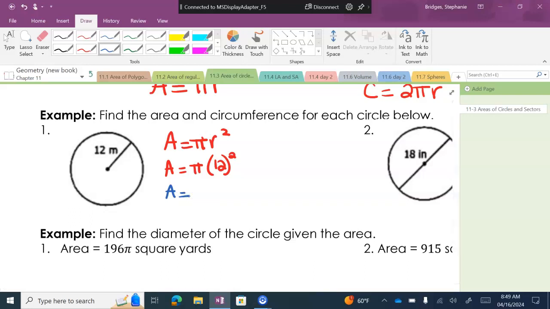And that gives me how much? 144. And then we're just going to put pi behind that, and that is exact form. That's what I mean by leaving the area and circumference in exact form. You just figure out the numerical value and you stick that pi symbol behind it.